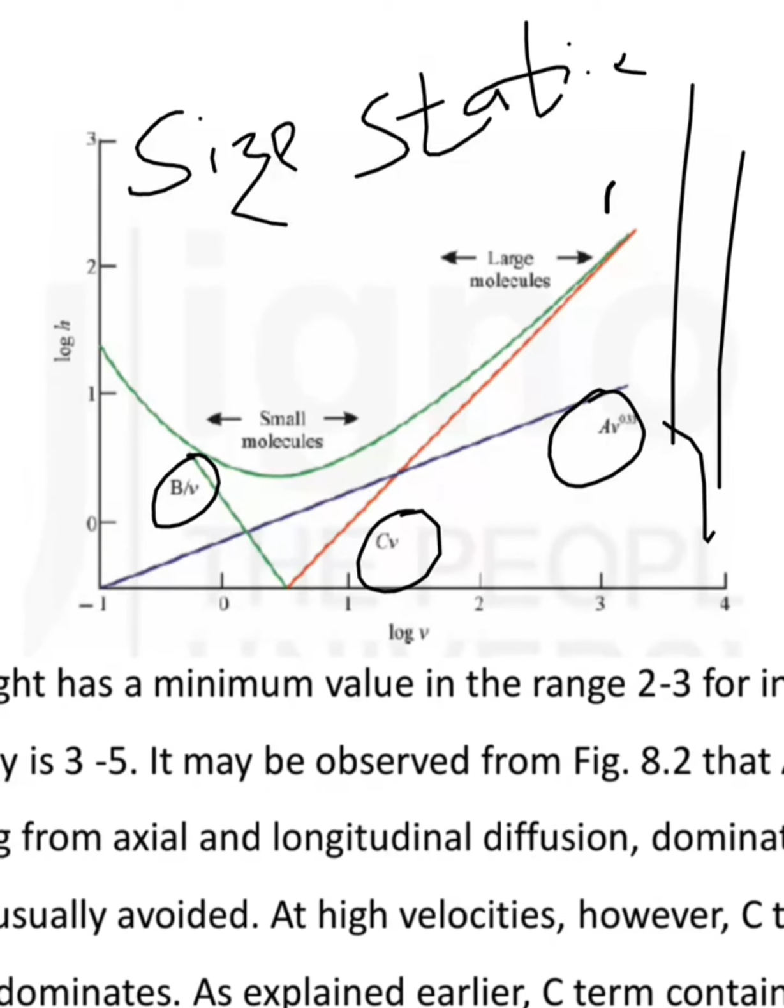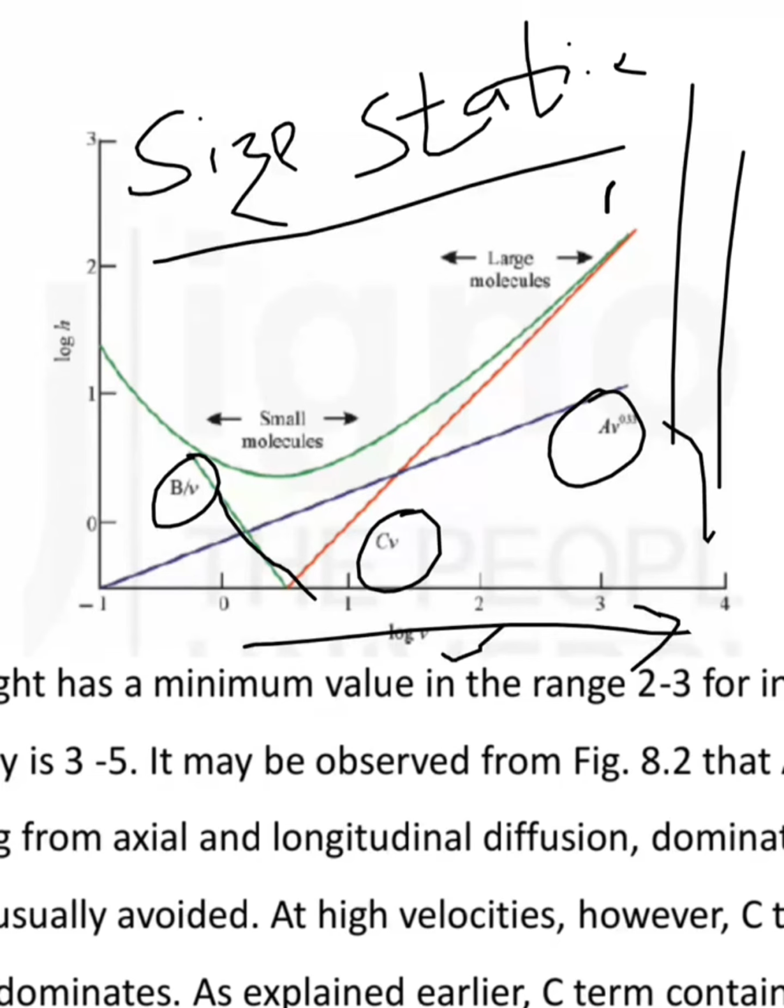So the stationary phase has different sizes. If B has around 1.2, solid here, it shows an inclination with respect to velocity. The x-axis denotes the reduced velocity after the injection of the sample from the mobile to the stationary phase. And log h is nothing but the height of the column.